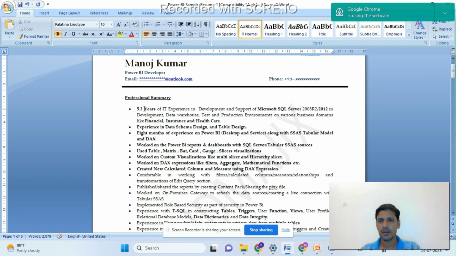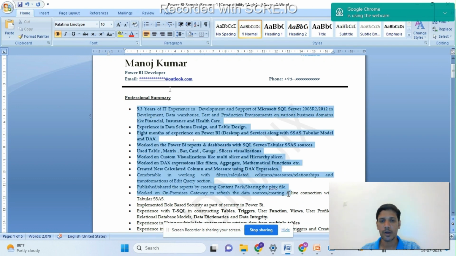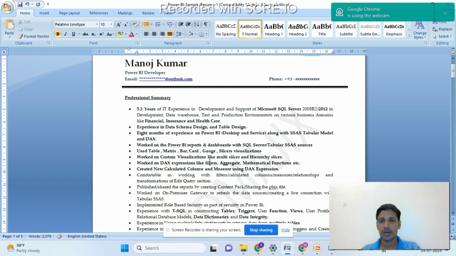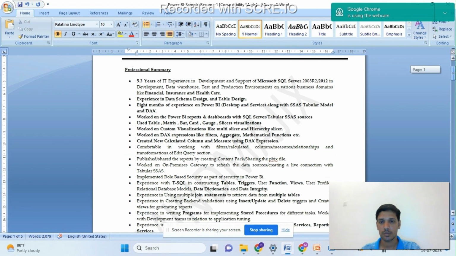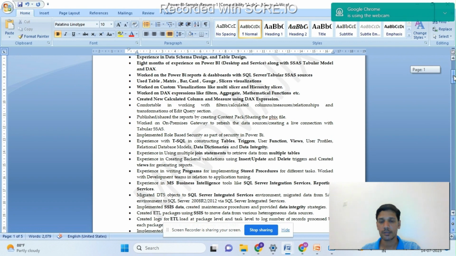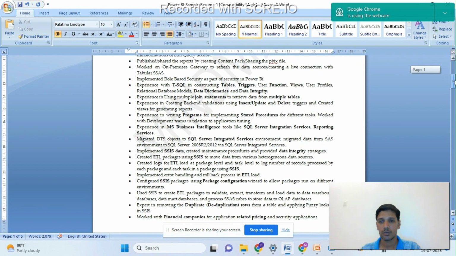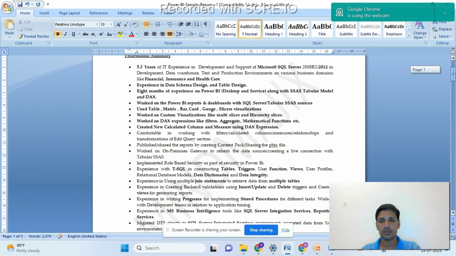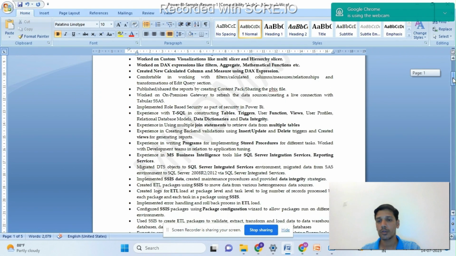Here there is a lot of information available, but you need not mention every point, but these points are very important for data analyst roles. So you can take a few of the points which you know, which you have practiced in your project, and show them in the resume.